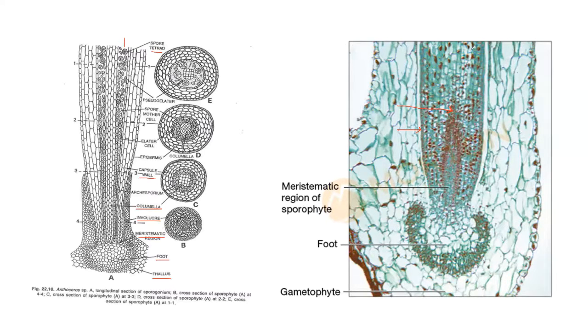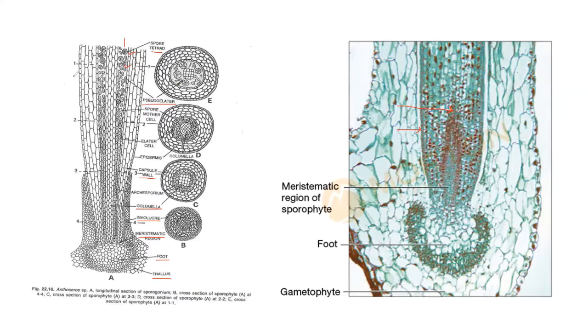Then the spore tetrad, and ultimately near the apex of the capsule, spores and pseudoelaters are present. So, in fact, these are the different stages. You can see a group of 4. This is a tetrad. Here you can also see some of the loose spores and some of the pseudoelaters. Now, what are pseudoelaters? I can elaborate on that.